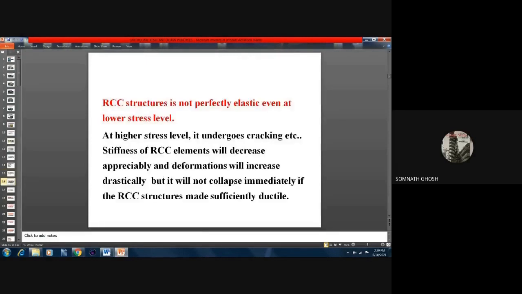You see, RCC structure is not perfectly elastic even at the lower stress level. That all of you know. Concrete is also not homogeneous, isotropic, elastic. No, but we are considering it so.